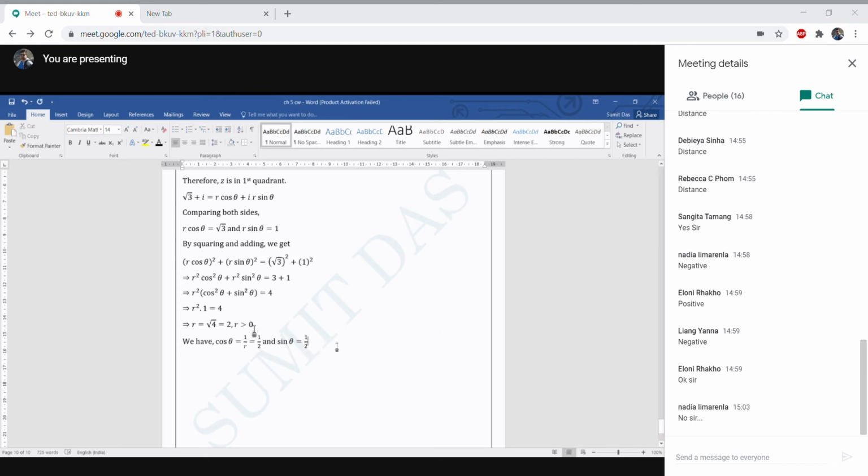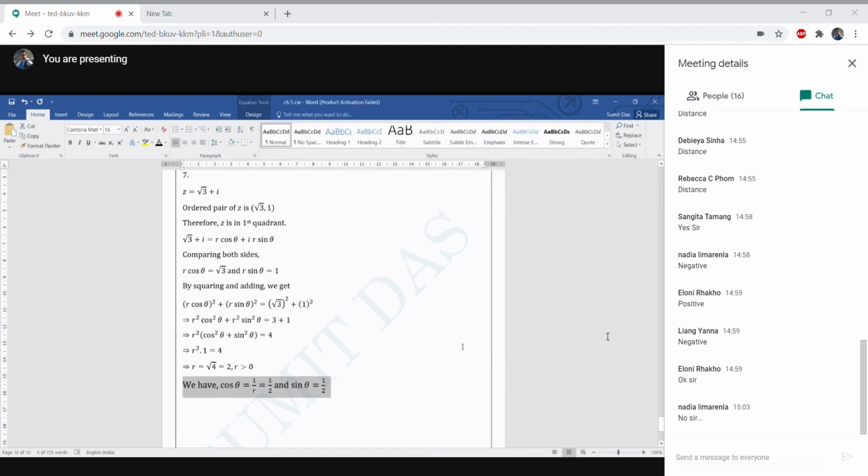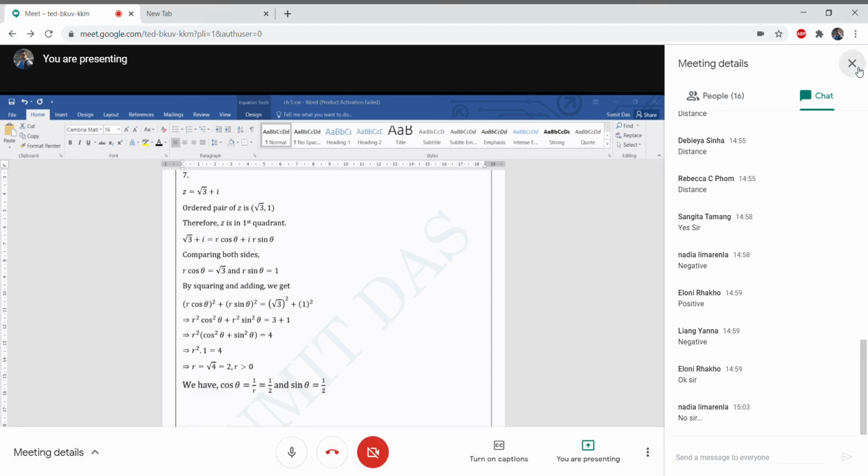Okay, check this one again. What I did, I'm quickly saying: after getting this, we wrote the ordered pair to find out which quadrant they are in. After we find the quadrant, we write the given complex number in r cos theta plus i r sin theta form. After that we compare, and we square both sides and add.